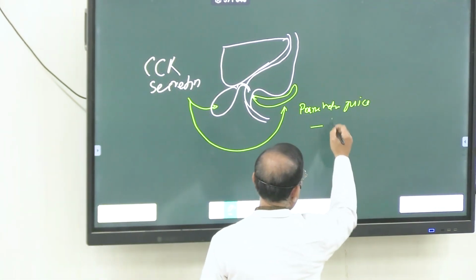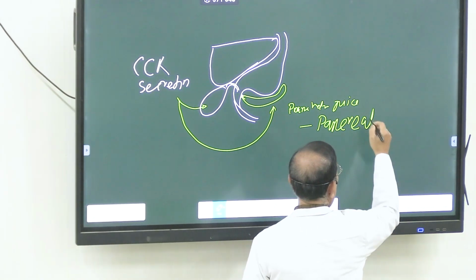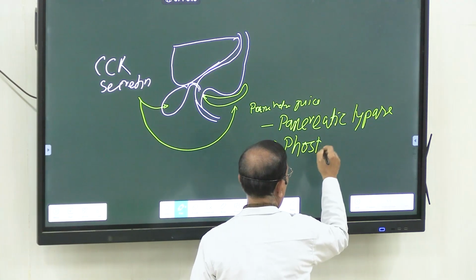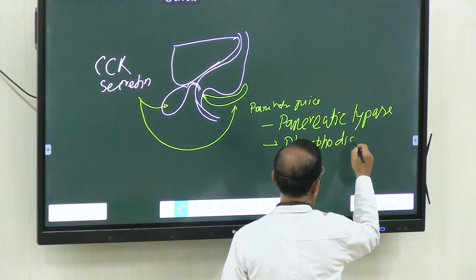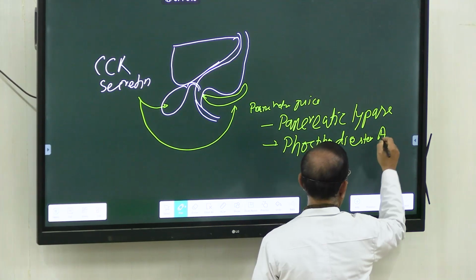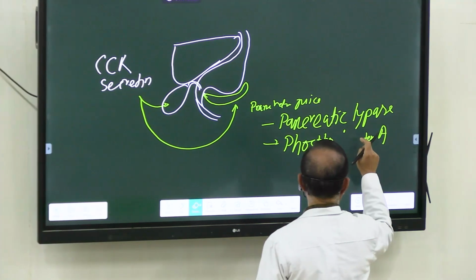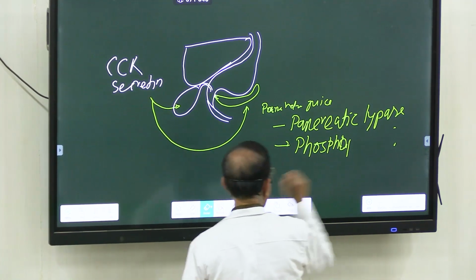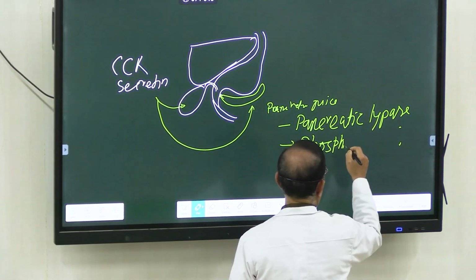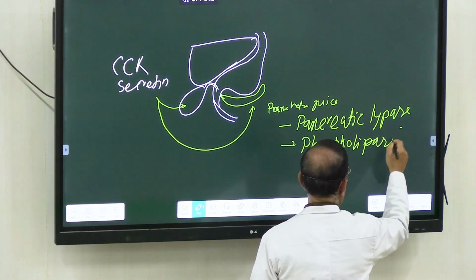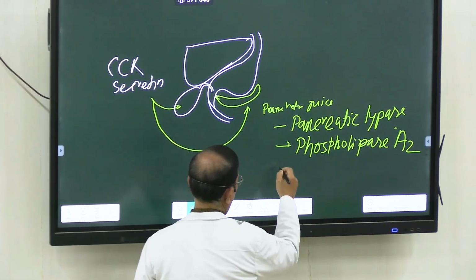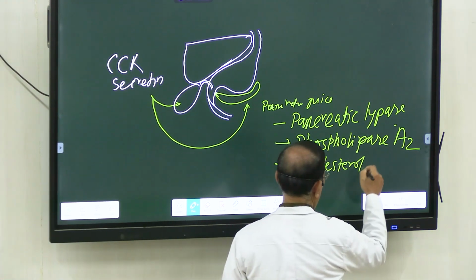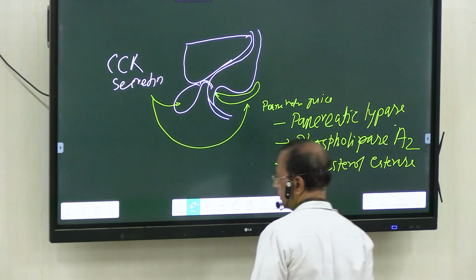Pancreatic juice contains pancreatic lipase, phosphodiesterase, phospholipase A2, cholesterol esterase.